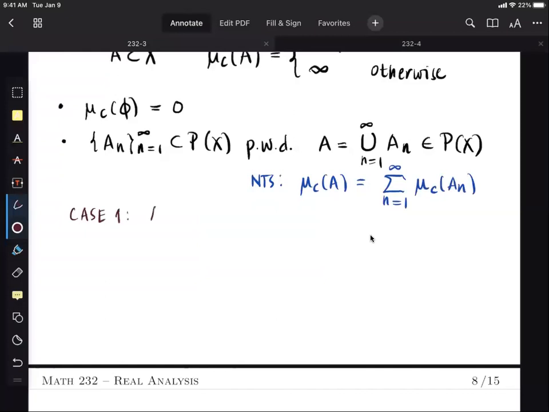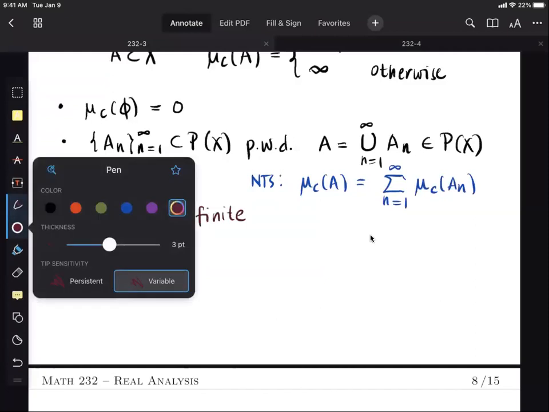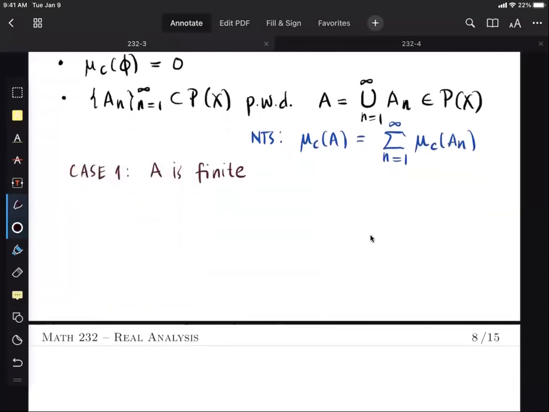Here we need to distinguish two cases. What if A is finite? And the second case would be what if A is infinite? So first, let us consider the case where A is finite.